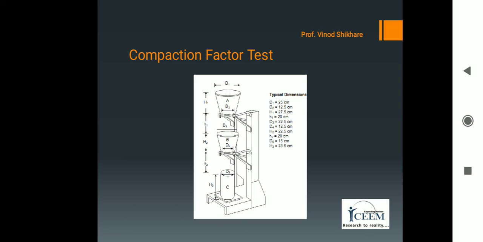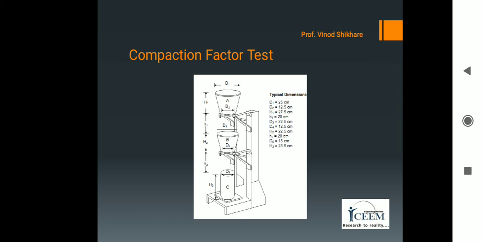Now, by opening the trap door of hopper B, the concrete is allowed to fall into the cylinder C. Again, some fixed amount of work is done on the same concrete. The concrete thus received in the cylinder has been compacted by a standard amount of work by falling from hopper to hopper and hopper to cylinder.